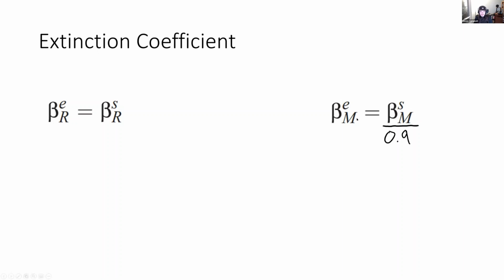For Mie scattering, however, I think some of those aerosols can also absorb light. So you have to divide the scattering by 0.9, which you'll notice, since the divisor is less than 1, this actually increases a bit. So there's a little bit extra light lost than just what was scattered away. Some of it gets absorbed as well. And we have the superscript E there just to note that this is the extinction coefficient.